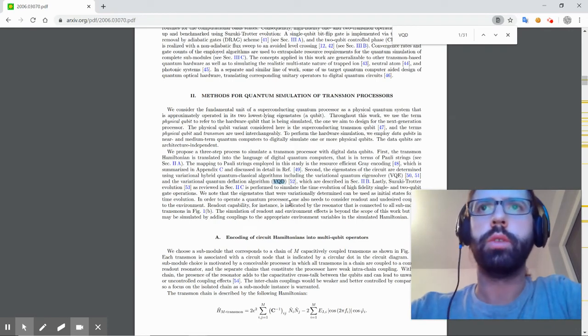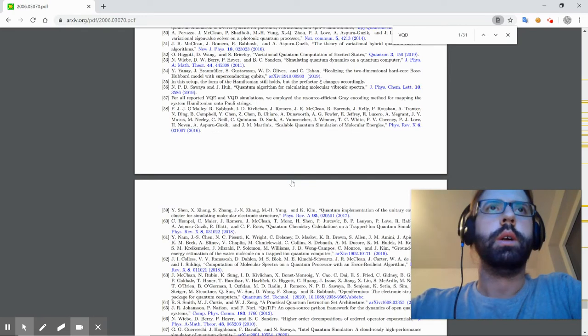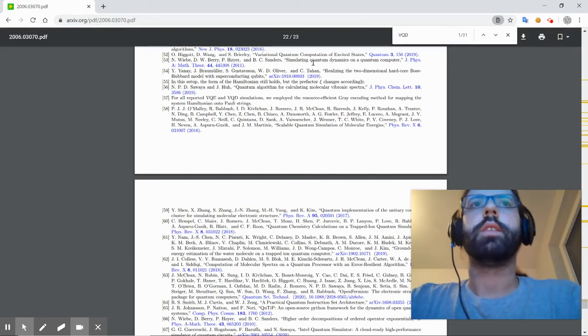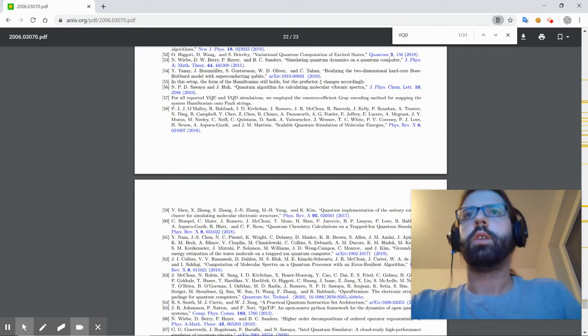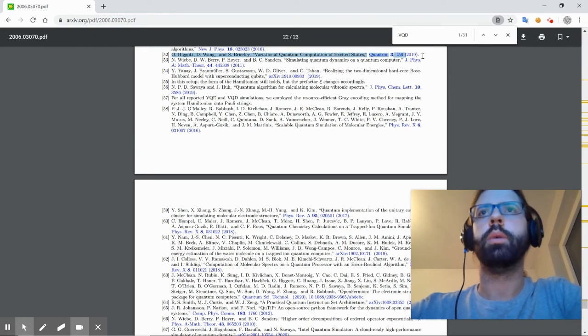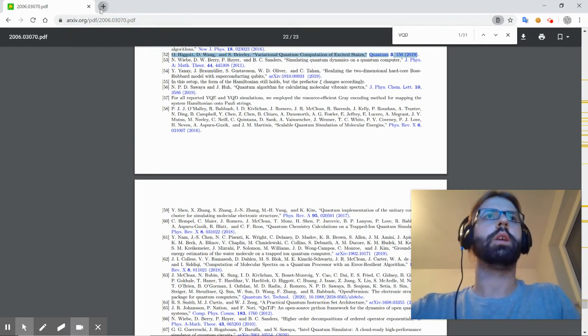VQD. Here you go. So the inversion quantum deflation algorithm, of excited states. Let's take a look at this. So is this going to be anyhow findable in archive?